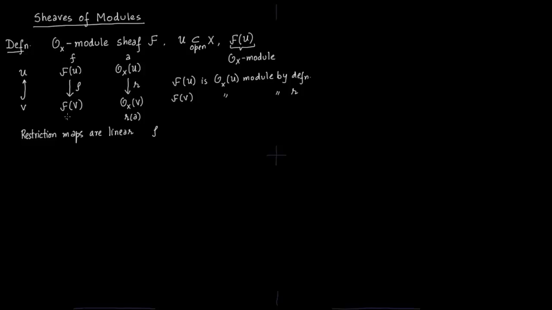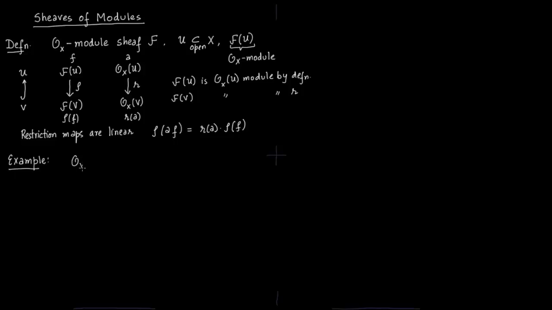You take F in F of U, it gets mapped to rho of F in F of V. So you get rho of AF, where you take A from OX of U. You're talking about an OX of U module, so you're multiplying by an element of the OX of U ring. So this is equal to R of A times rho of F. This is kind of obvious, but that is precisely what the OX module sheaf should satisfy.